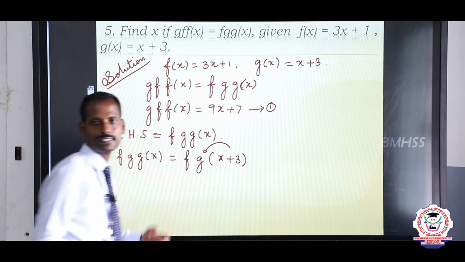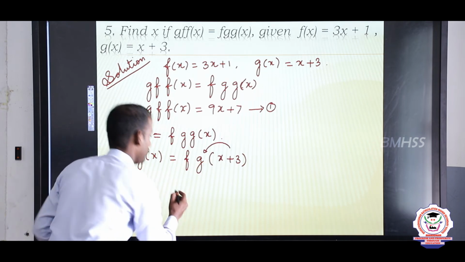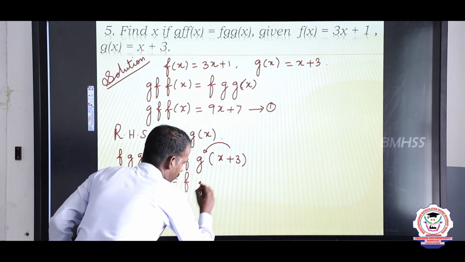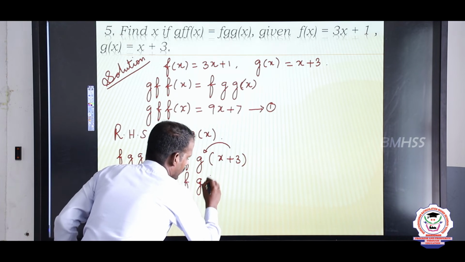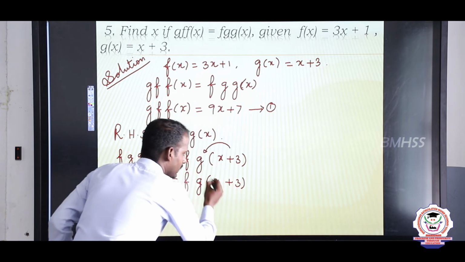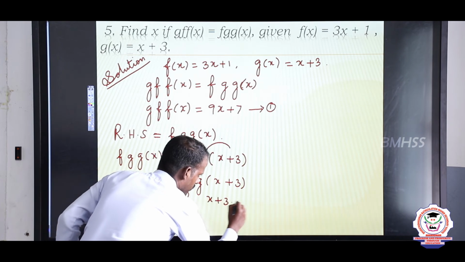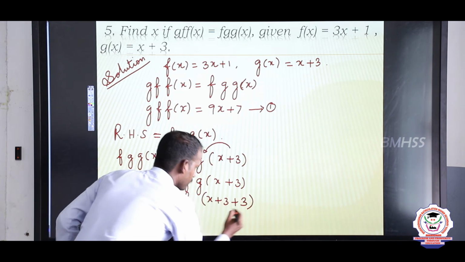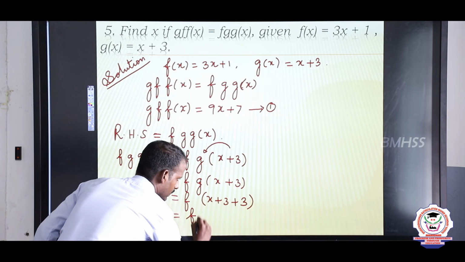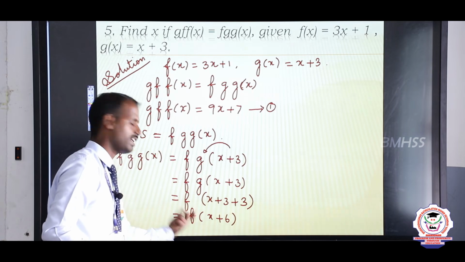So x part, you have to substitute in the x plus 3, plus 3, that is the g of x function. So x plus 3, what is the value? x plus 6. Then x plus 6, you have to substitute in the f of x.